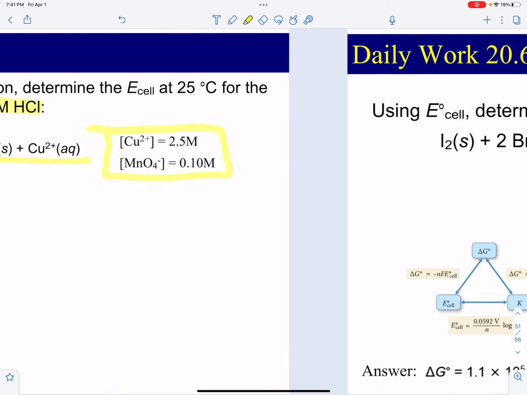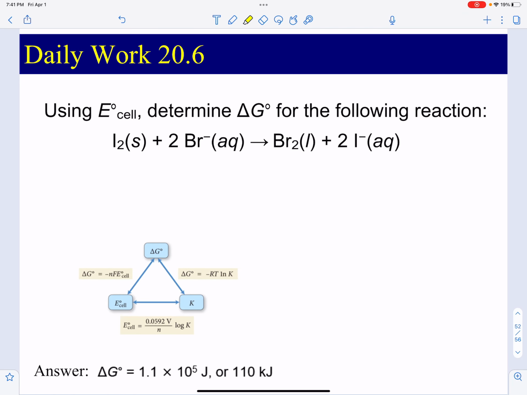So after you do that, you should be more than able to do the same thing with this reaction, balance it, determine the number of electrons and all that, and then you should have the mathematical skill to apply any of these formulas. And the answer is here, so you know you're doing it the right way.